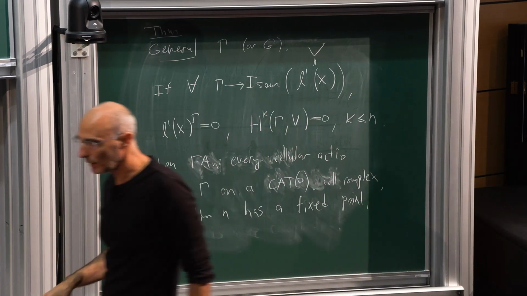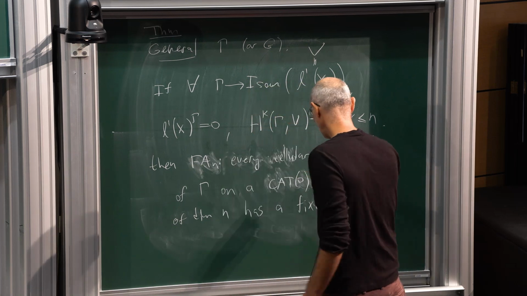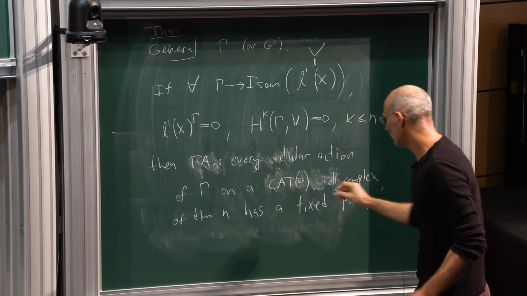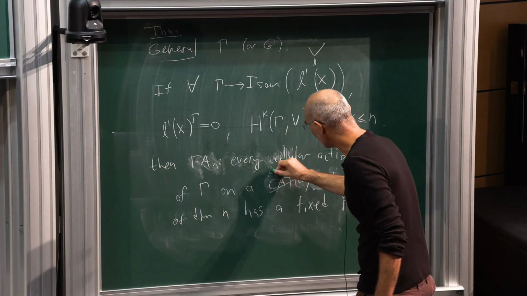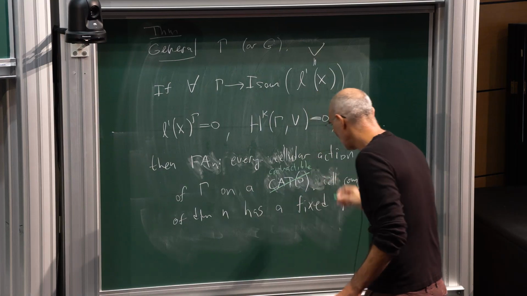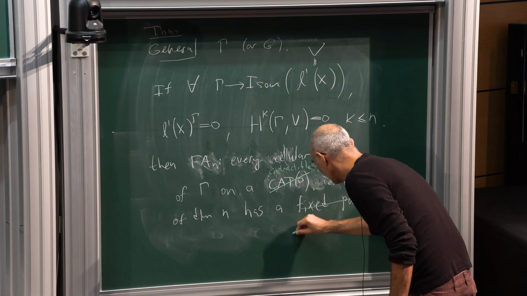So actually, we proved a bit more than property Fn. CAT(0) implies contractible. You can just assume contractible. And then what you get is a finite orbit.